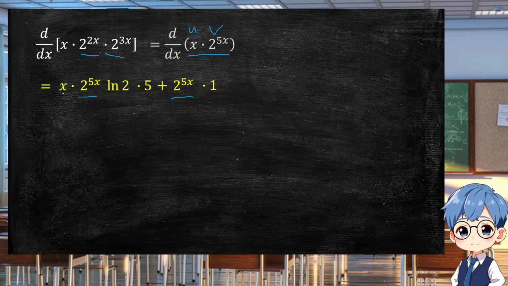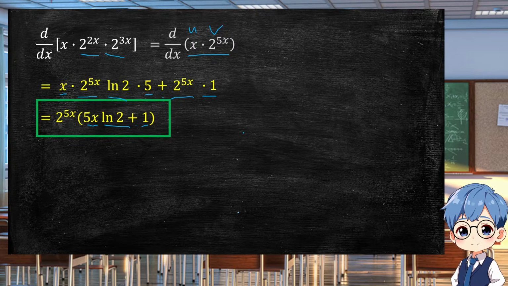But we have x. So we have 5x ln of 2. Okay. Plus, so we have a plus sign here. Then of course, if we factor out 2 to the power of 5x, what remains is just 1. And this is the final answer.